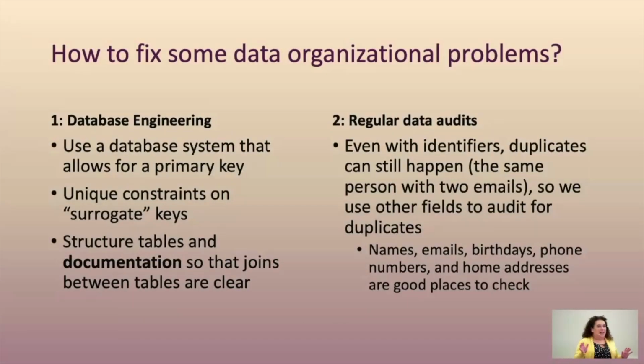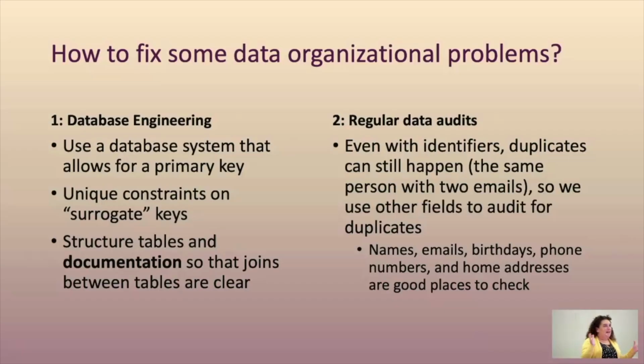If you have cool engineering folks, or at least a smart data scientist who is subletting as an engineering folk, as is often the case in some NGOs or nonprofits, there are systems and processes that databases allow for you to solve some of these problems, so setting up primary keys and surrogate keys, but most importantly, making sure your documentation is up to date, talking to your data governance people if you have one, and making sure that you're running regular audits.